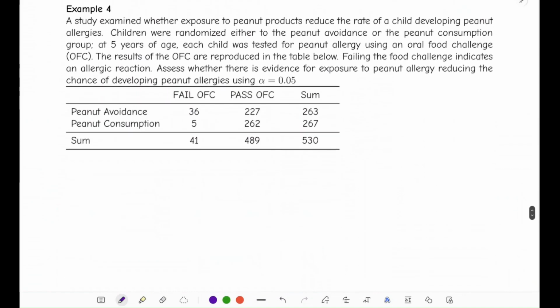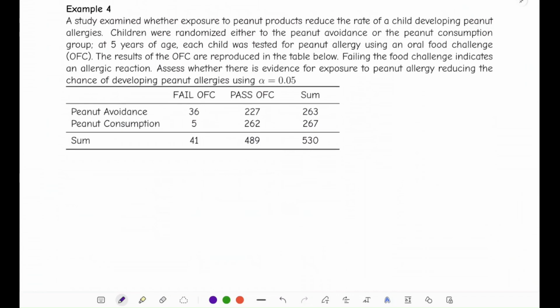Okay. So example 4. A study examined whether exposure to peanut products reduced the rate of a child developing peanut allergies. Children were randomized either to the peanut avoidance or the peanut consumption group at 5 years of age. Each child was tested for a peanut allergy using an oral food challenge, OFC.